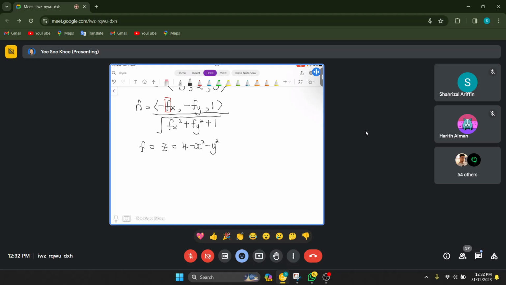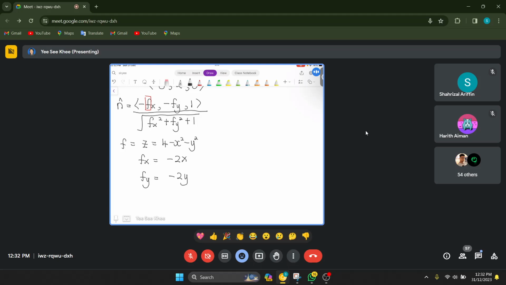So the Fx will be negative 2x. Fy will be negative 2y. So you could replace them. To get your n, you need the normal vector equals to negative, negative, positive.